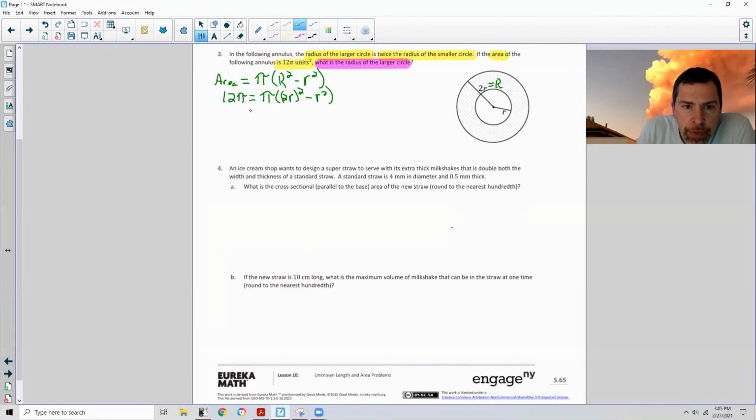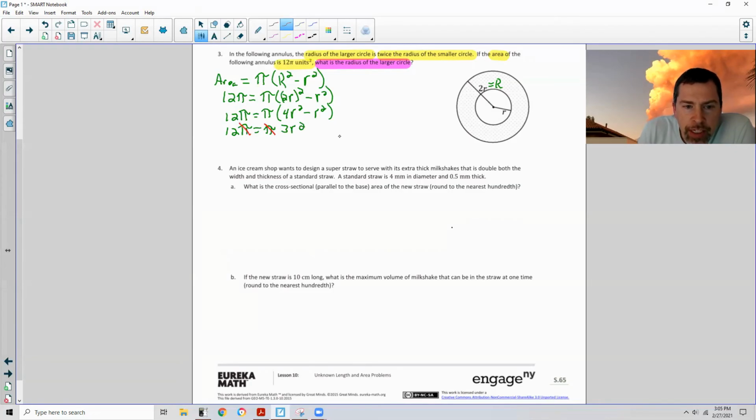r squared. In simplifying that, I get 12 pi equals pi times, and then 2 squared is 4, R squared is R squared, minus r squared. Okay, and then simplify some more. 12 pi equals pi, and 4R squared minus 1R squared is 3R squared. Okay, so we have a pi on both sides.